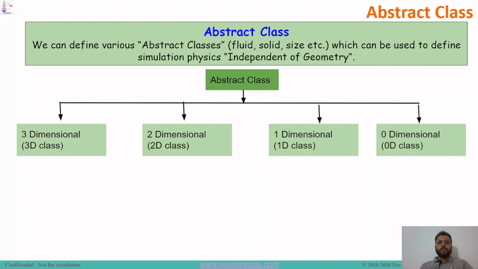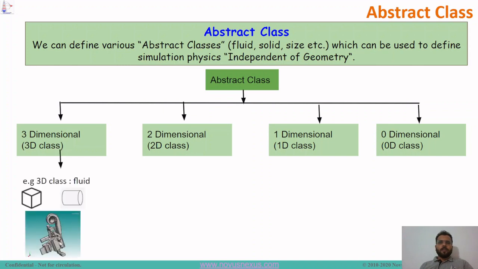For example, when I say fluid as my 3D abstract class, then it can be represented by any 3-dimensional entity like a cube, cylinder or an HVAC system. That depends on which geometry you use with this abstract class.